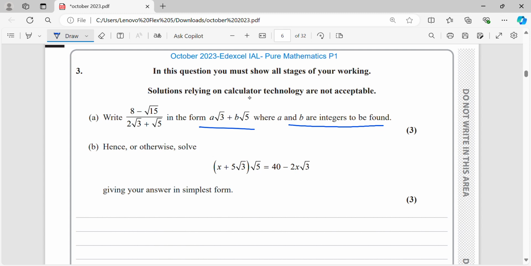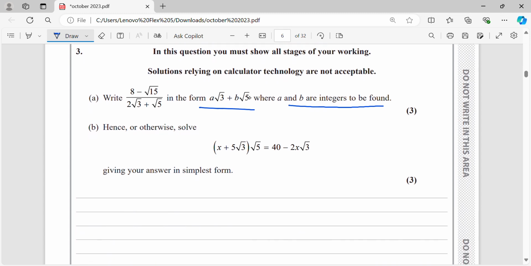Okay, this is a rationalizing question, so let's rationalize it. 8 minus root 15 over 2 root 3 plus root 5. Whenever we rationalize, we multiply by the denominator with the opposite sign.